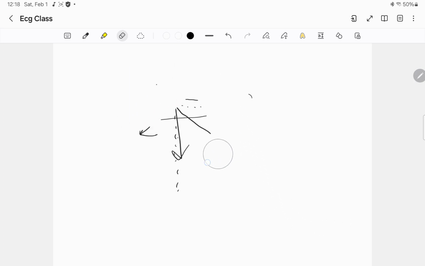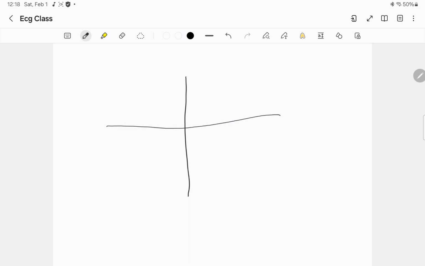So that being said, there are 4 basic cardiac axes, which we will represent with this quadrant diagram, utilizing lead 1 and lead AVF.